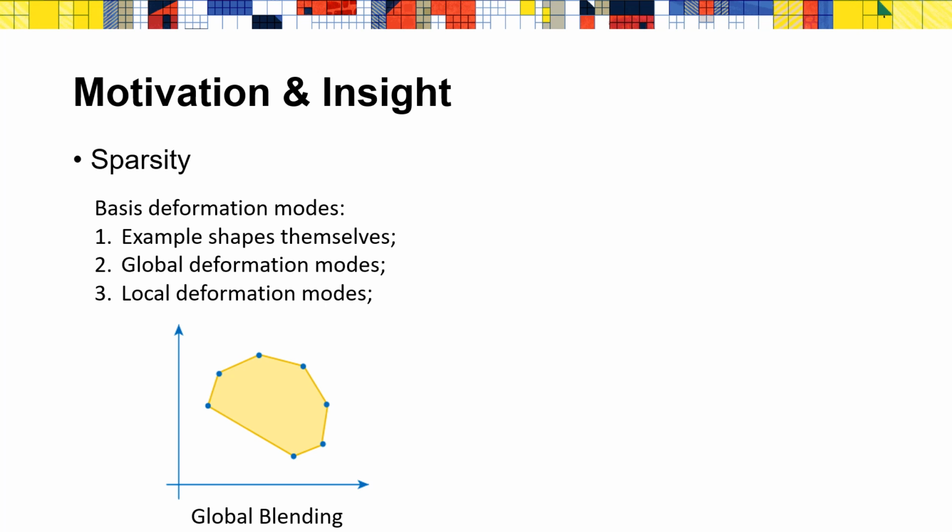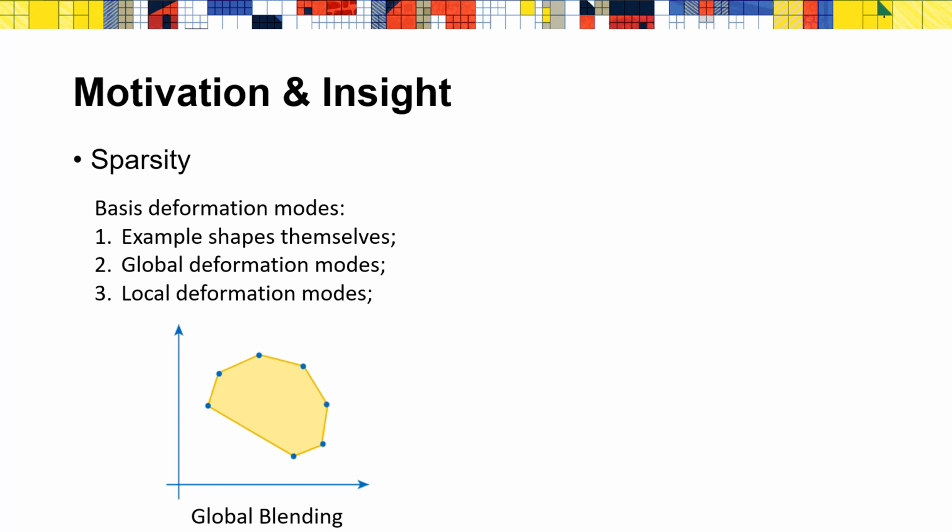Besides the deformation representation, another motivation of our work is how to blend the deformation basis. The traditional idea to blend the deformation basis is using linear blending. From this figure, we can find that with linear blending the deformation space is the convex hull of this yellow area.